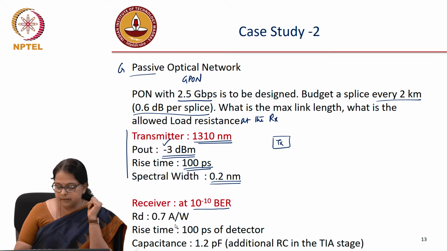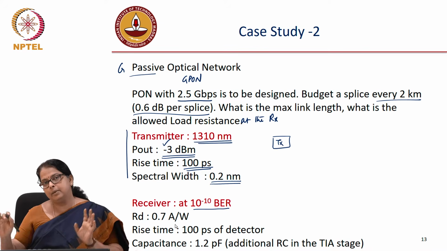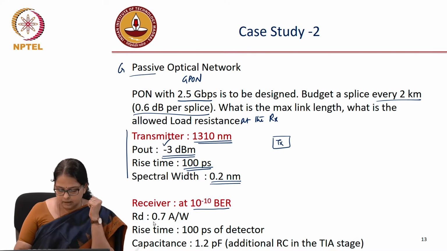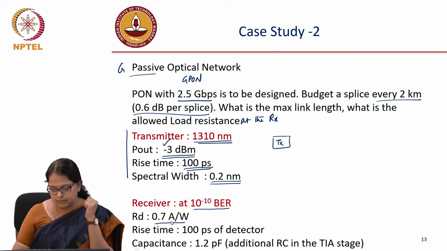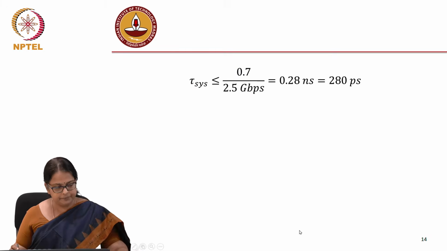For the receiver, instead of giving sensitivity, what you are given is that I need to operate at 10 power minus 10 BER. That's a condition given. The responsivity is 0.7 ampere per watt, which is a typical responsivity of an InGaAs detector. The rise time of the detector itself is 100 picosecond, but there is an additional RC in the TIA stage.